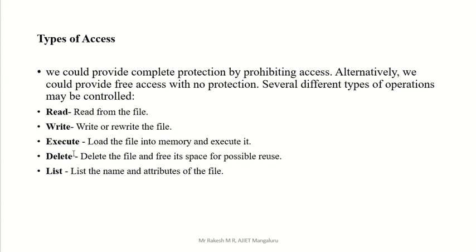Only deleting is possible, the delete option is something we can give to one person. The list option, to list the names and attributes of the file, we can give to another person. These are the types of access. We have read access, write access, execute access, delete access, and list access.